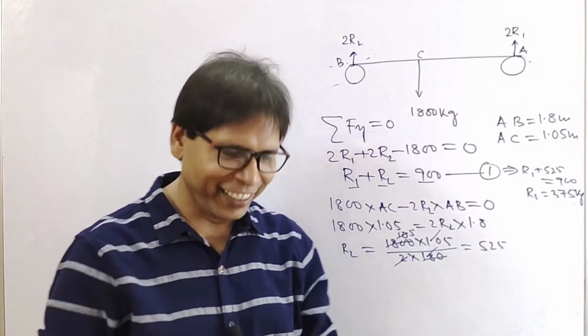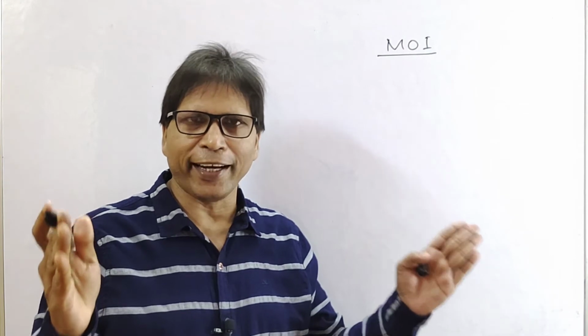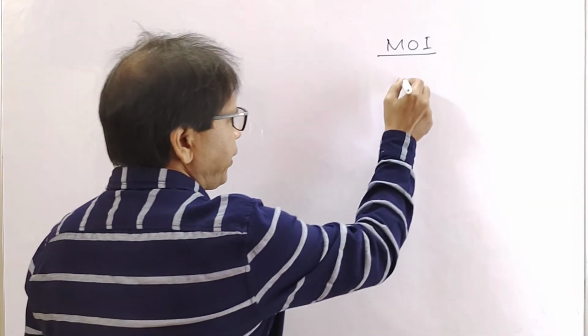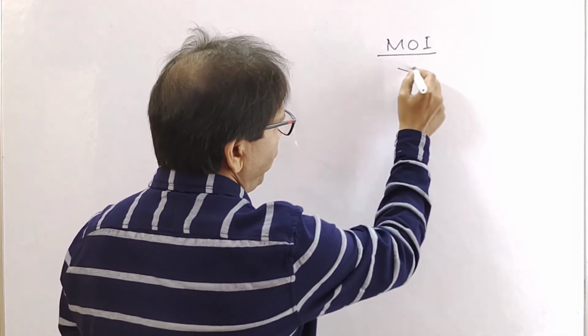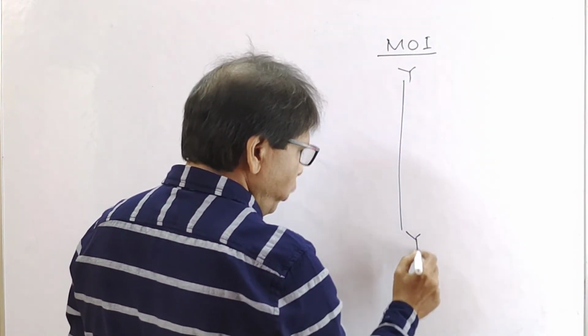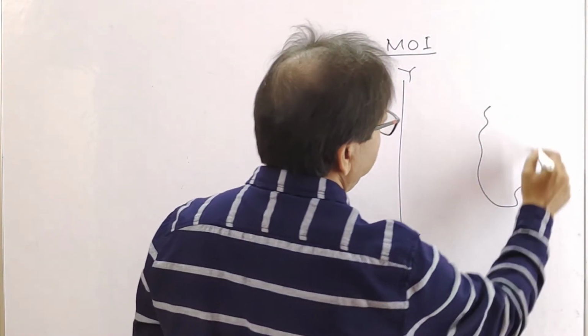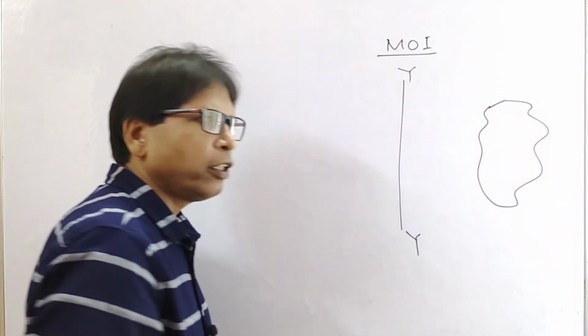Understood? Now next, moment of inertia. Suppose this is the axis y dash. We have to calculate the moment of inertia of the body.